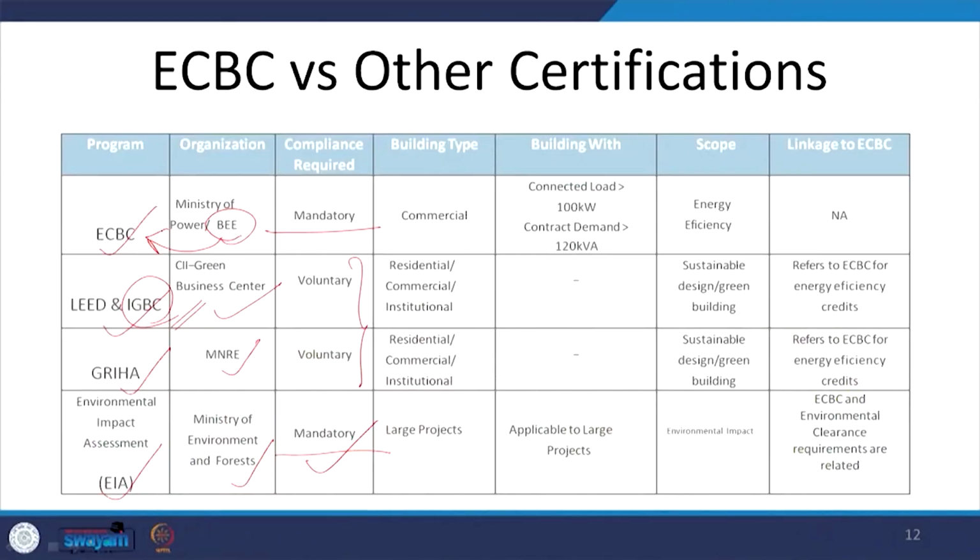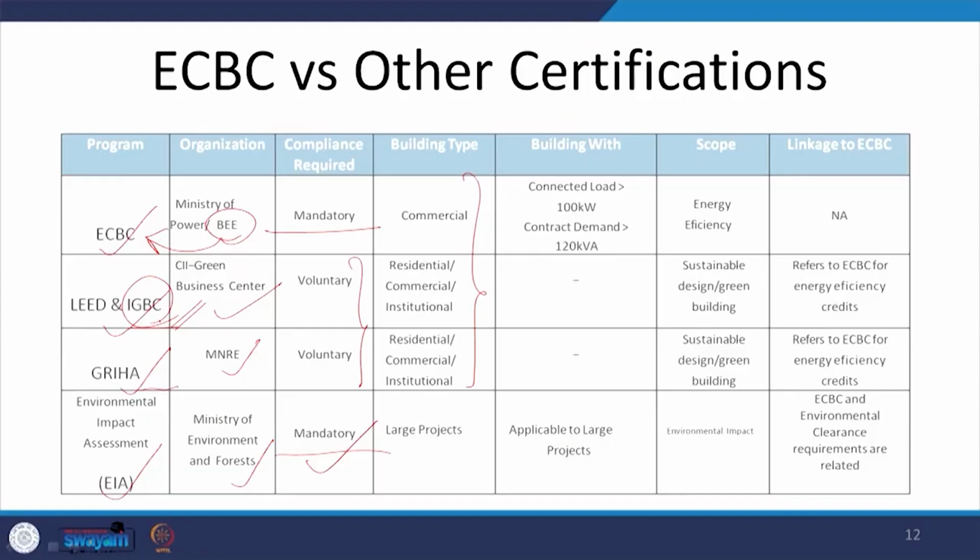ECBC, LEED and IGBC, and GRIHA almost all directly cover commercial buildings. However, LEED, IGBC and GRIHA have also diversified, and they take care of residential buildings, institutional buildings, and many other different types of buildings as well.